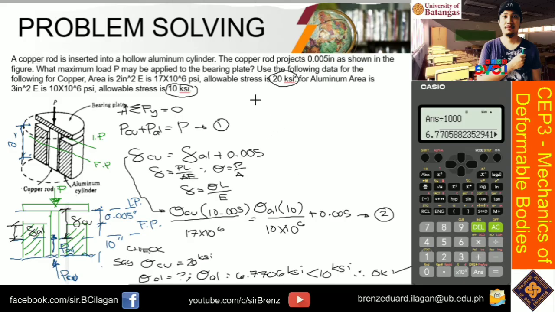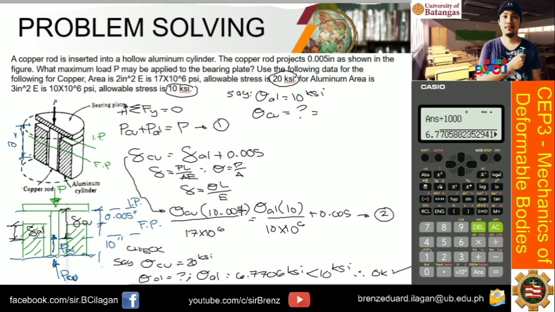But, i-check na rin natin, paano naman kung si aluminum yung unang na-reach ng 10 KSI na allowable. So, check lang natin. Gusto ko lang makita na mali yung kay aluminum. So, say stress ni aluminum is equals to 10 KSI. So, what will be the value of the stress of copper? Ganun lang din.